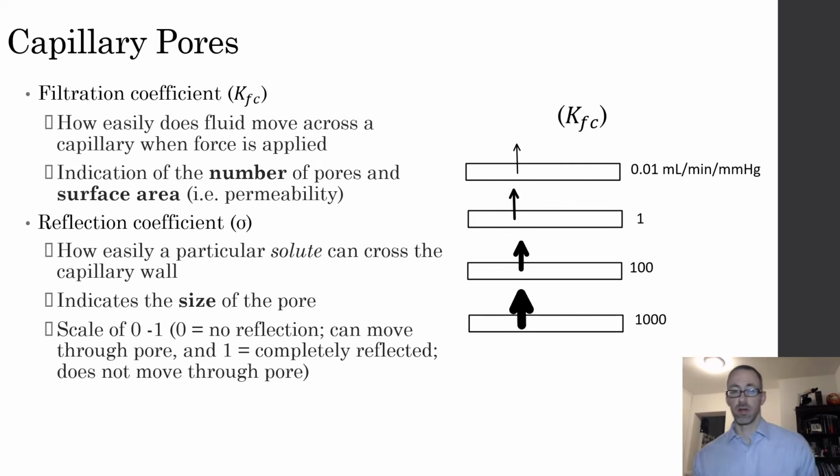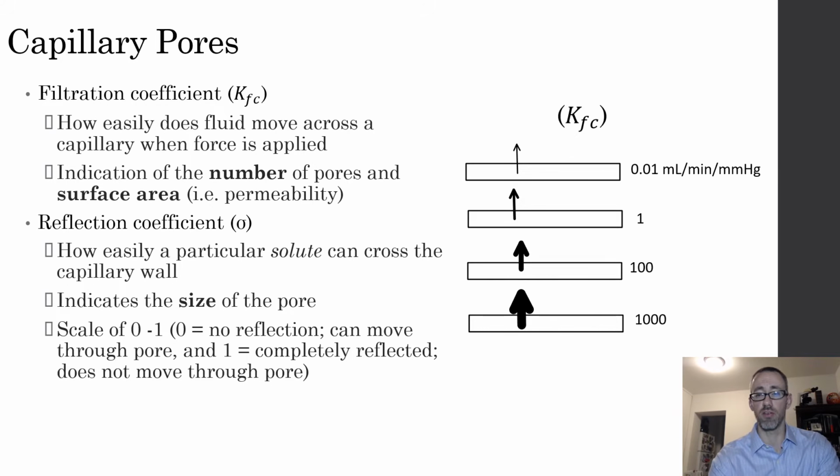The KFC, the filtration coefficient, is basically asking how easily fluid moves across the capillary when force is applied. It's a modifier for the equation to account for the permeability of different capillaries. Not all capillaries are created equal, so even continuous capillaries can be different. They have different permeabilities based on the number of pores and the surface area of the capillaries. We account for that by giving this coefficient, where you can see the descriptor over here to the right.